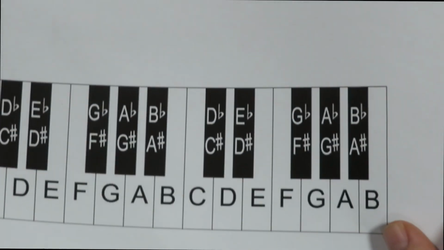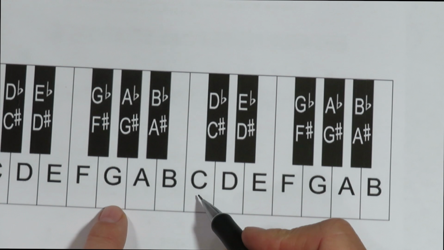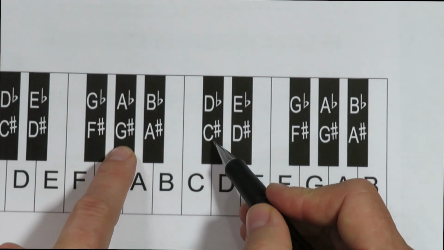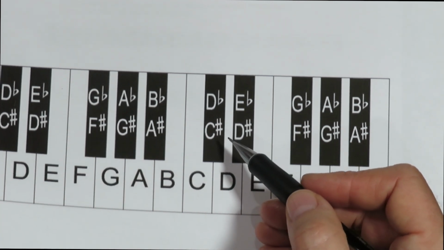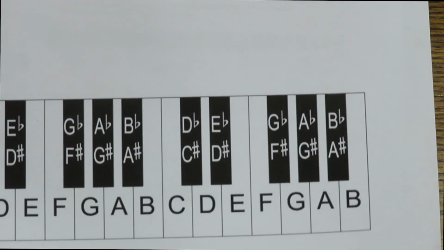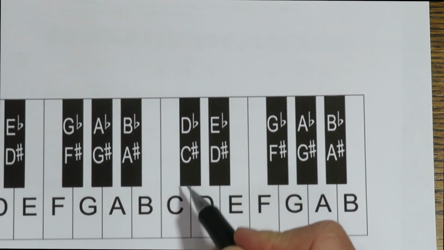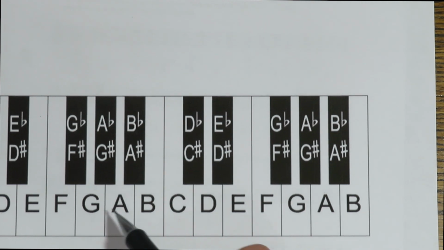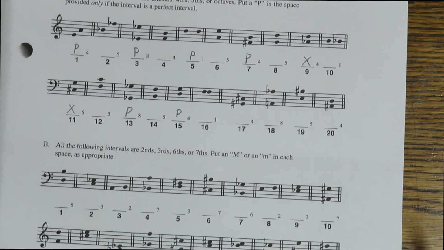Well, we know G to C is a perfect fourth, whole half. So G sharp to C sharp would also be a perfect fourth. Now you can test that. Whole, half, right? Okay. Whole, half. Sometimes it's just easier to see from the naturals, right?